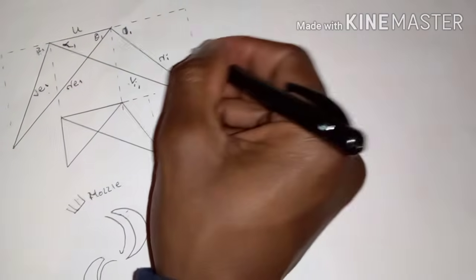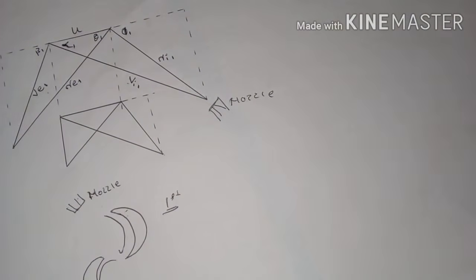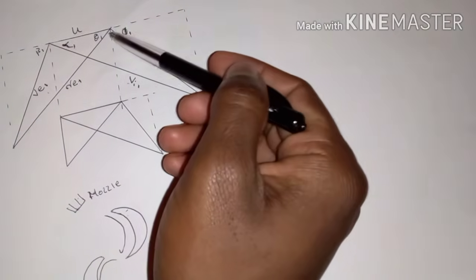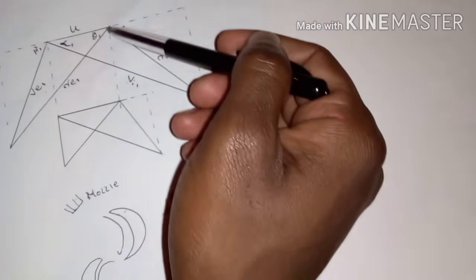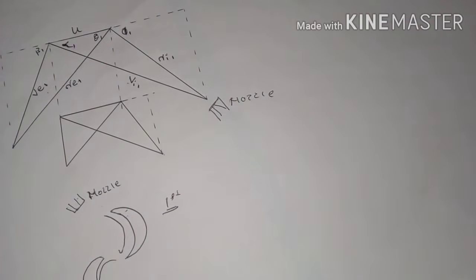R exit number 1, and this is R inlet number 1, representing that this is the information of the first stage. U will be the same on both diagrams. That is why you can tell that we transferred the measurements straight from the diagram of the first stage.